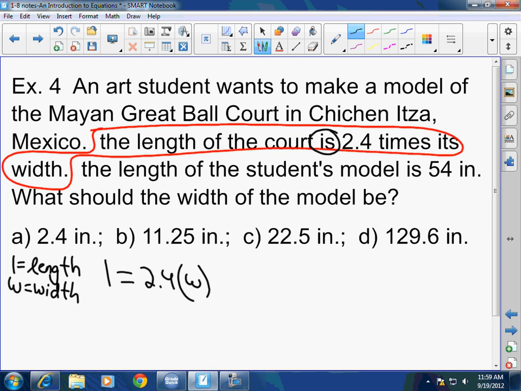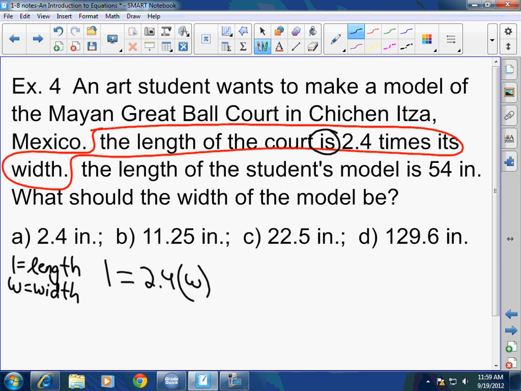I have to label my variables. If not, what does L mean? Logs, left turns. What does W mean? Wide lane, water. Yeah, okay, watermelons. You have to describe and label your variables. If you don't, you will lose points on the quizzes and or tests.